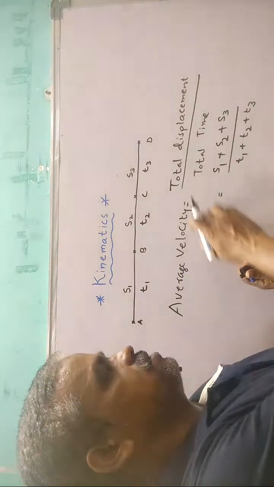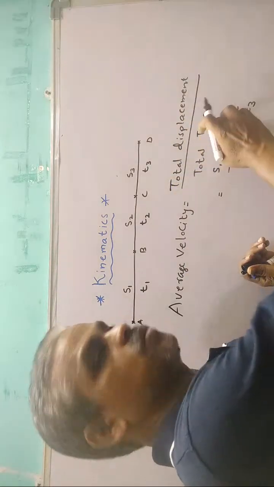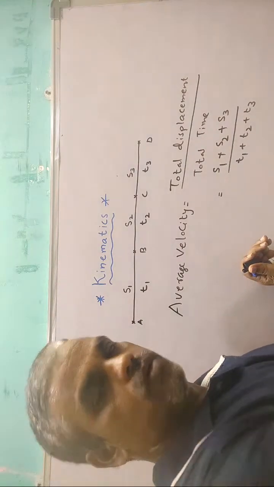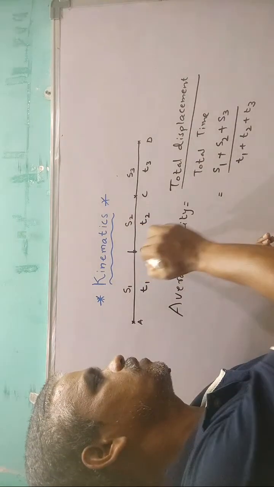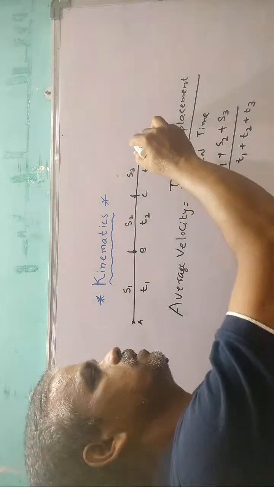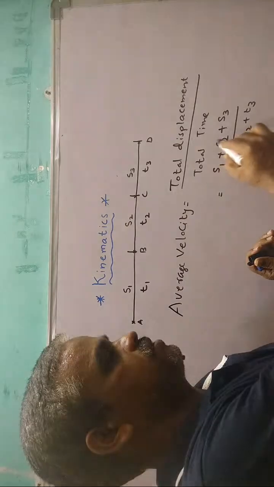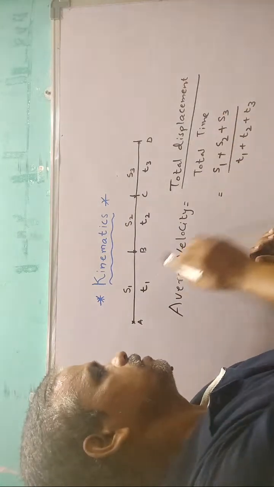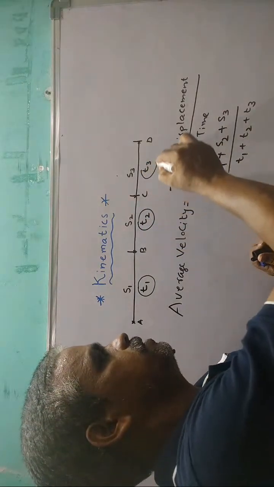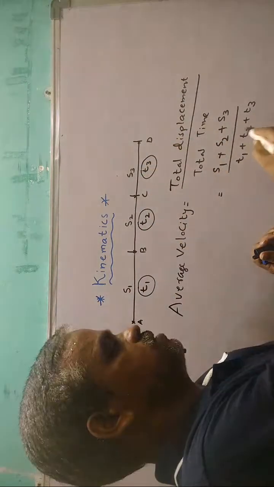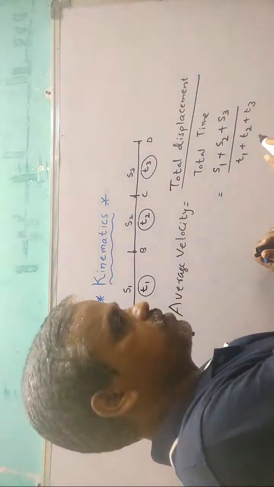Average velocity is equal to total displacement by total time. So we have three displacements. Up to here S1, up to here S2, then S3. So S1 plus S2 plus S3. Then T1 time, T2 time, T3 time. T1 plus T2 plus T3. Is it visible?